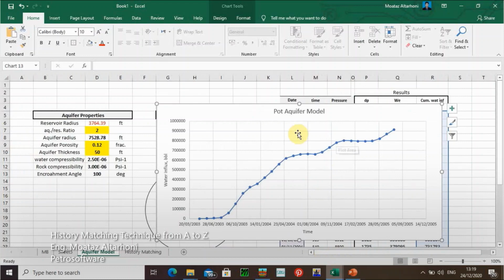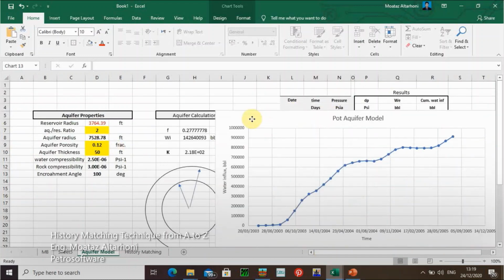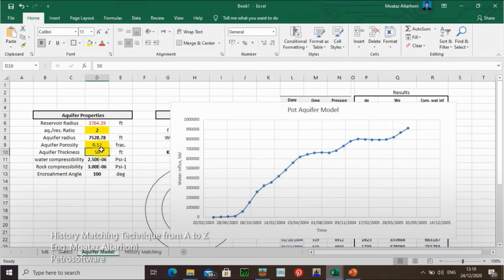Okay. Now I have this assumption by using these methods. So what if I increase the value of the aquifer porosity? Maybe I need to assume more volume of water. So I need to use 0.20. Look with me here.